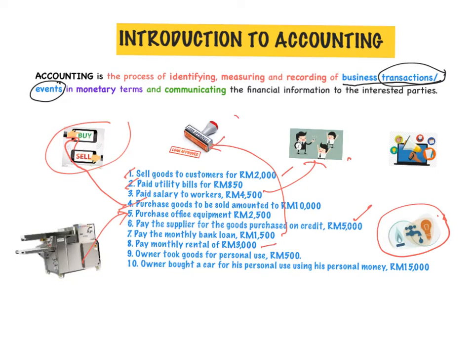The owner took goods for 500 ringgit, but for personal use. Should you record it in your business book or not? And the last example is when the owner bought a car for his personal use using his personal money. Do you record this in the business book of accounts?